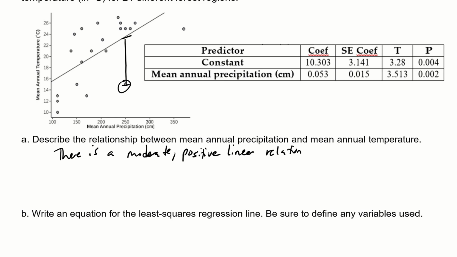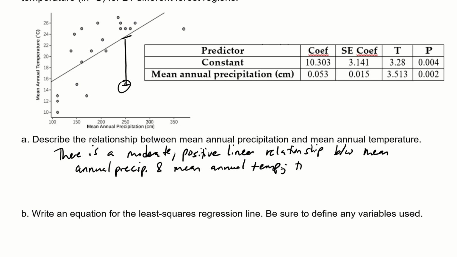So there's a moderate positive linear relationship between mean annual precipitation and mean annual temperature. There appears to be an outlier at around 250.